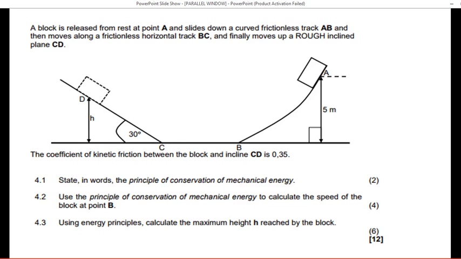Let us always remember that when they say calculate the maximum height reached by the block, it means where it stopped.